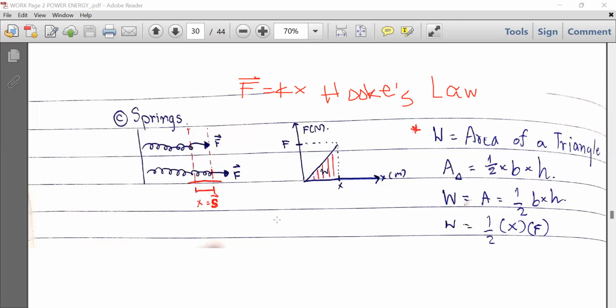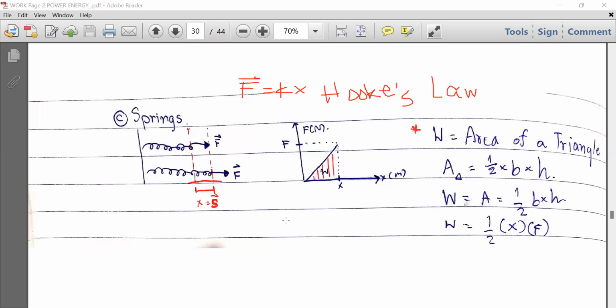Elasticity, for example rubber. When you stretch rubber and then release the force, it has the ability to return to its original shape or original position. So that's elasticity. Springs and rubbers are elastic.